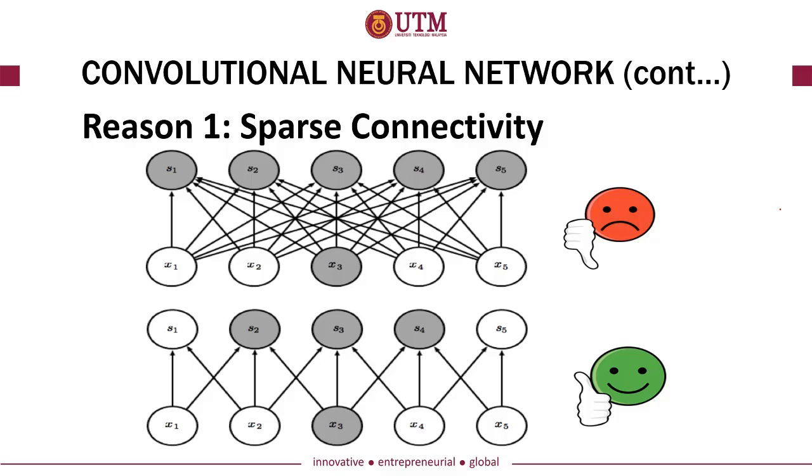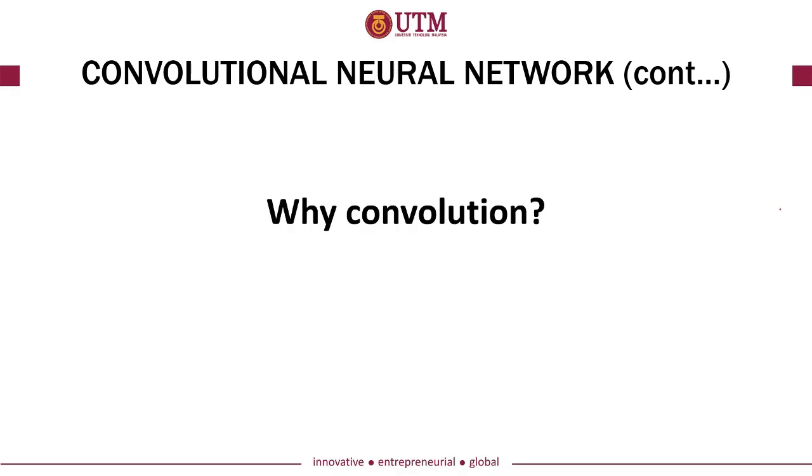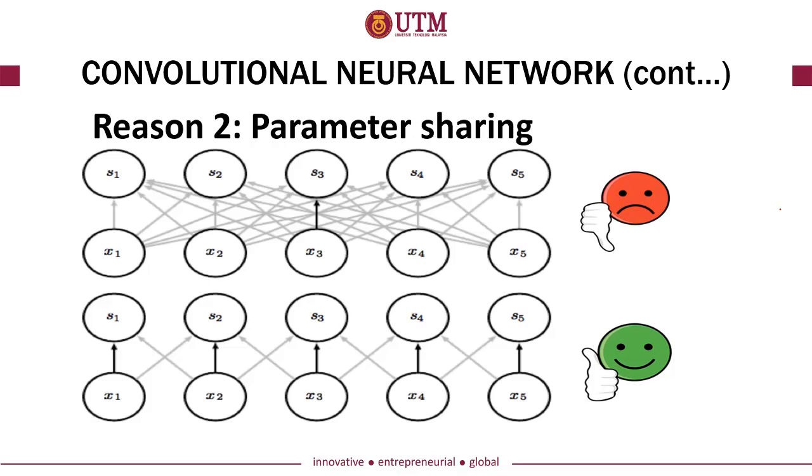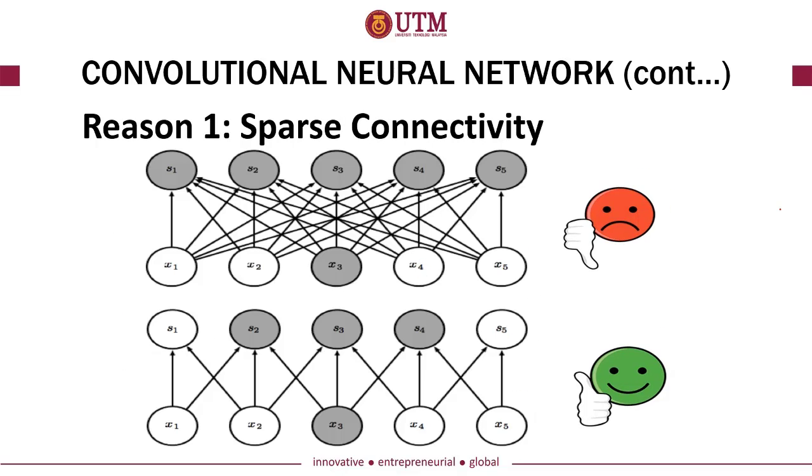Before we go into this, some of the reasons are quite technical, and I will not go into detail on why it is better to use convolution as compared to matrix multiplication in developing deep learning related to neural networks. I will just show you the difference.